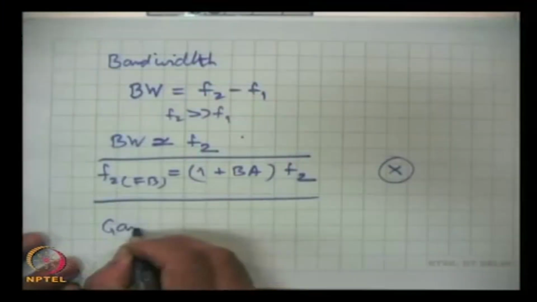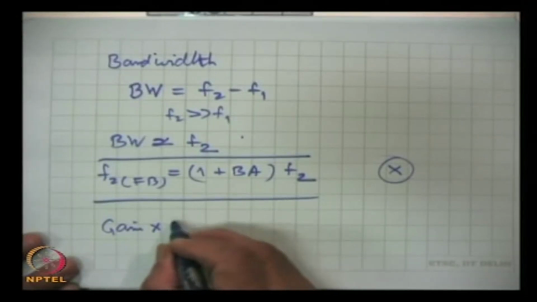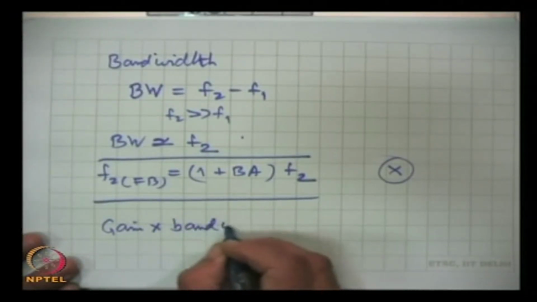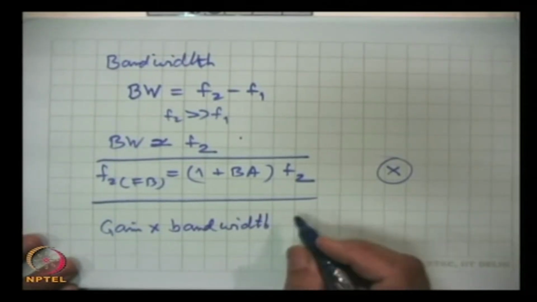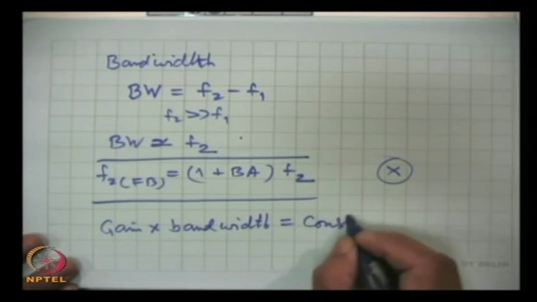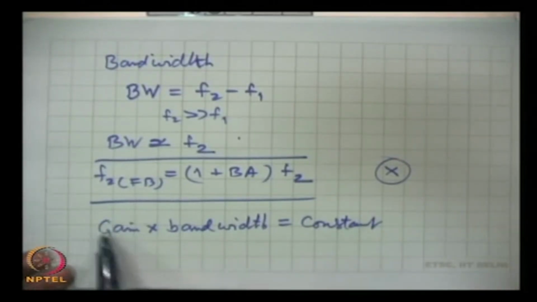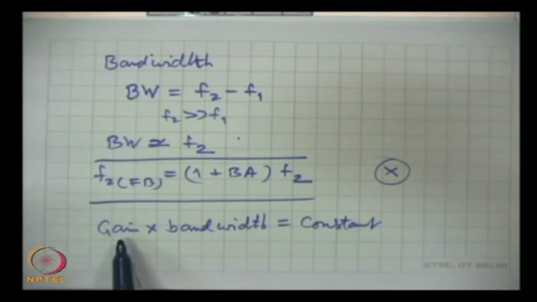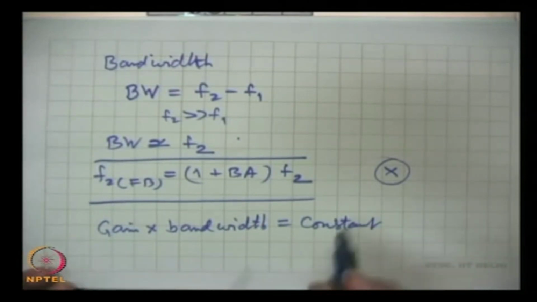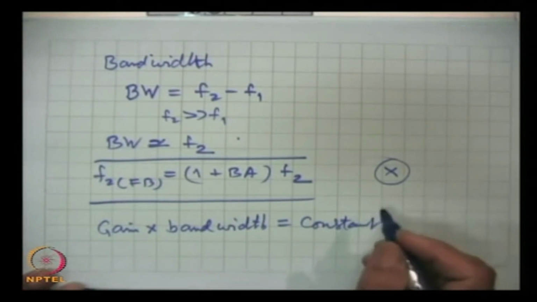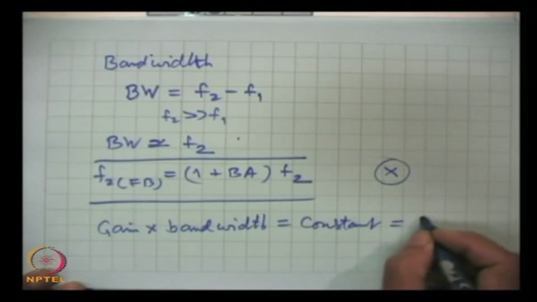One fundamental we should remember, that the gain bandwidth product, gain into bandwidth product is a constant for any amplifier, and this comes out to be equal to, when gain is unity, that means gain falls to 1, then that is known as upper cutoff frequency and ft.